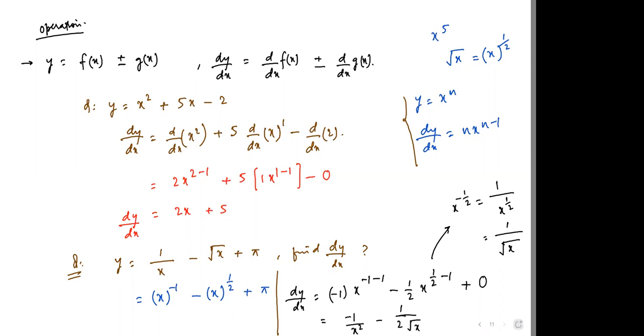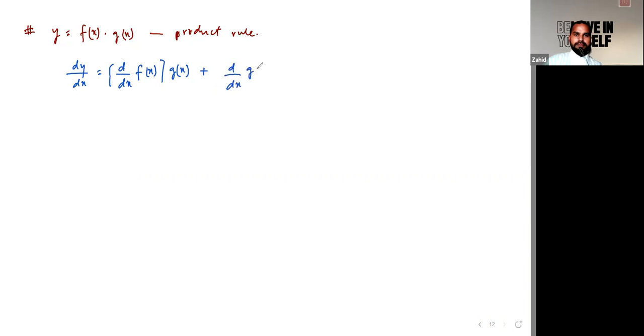Sir, done. Next, if y is equal to f(x) multiplied by g(x), it is called the product rule. So on differentiation, you will get dy/dx is equal to differentiate the first term, multiply it by the second, plus differentiate the second term multiplied by the first.